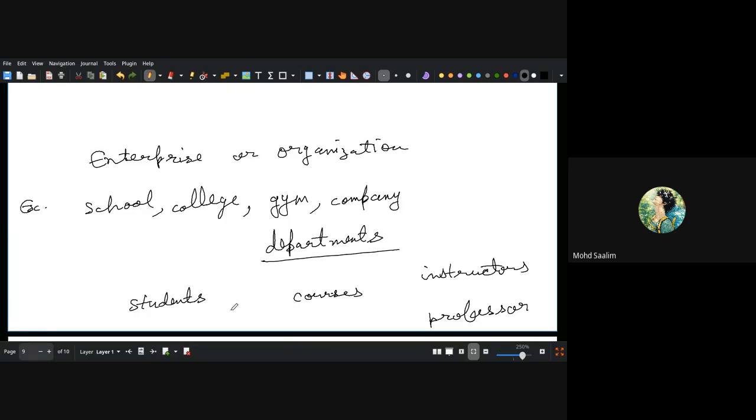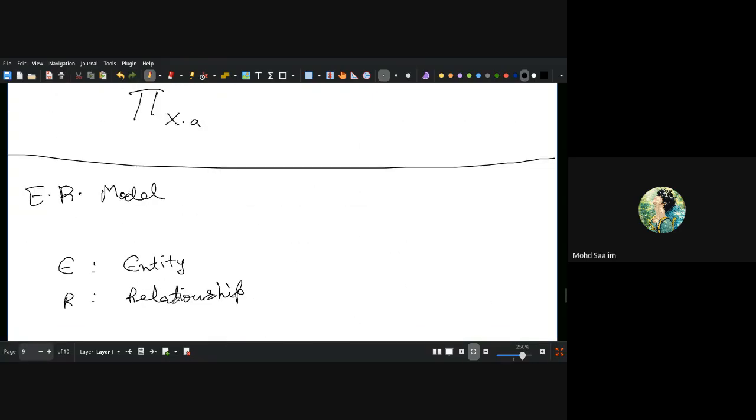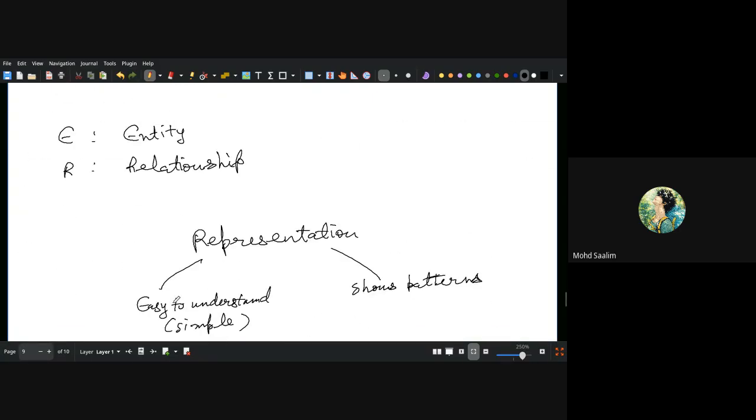So they all come under the relationship criteria. What is the relationship, right? So it is important for us to understand, if we are trying to understand an enterprise, an organization, the whole flow and whole structure of an organization, then this model, the entity relationship model, comes naturally to us, because it provides us a way to define these entities and the relationships between them.